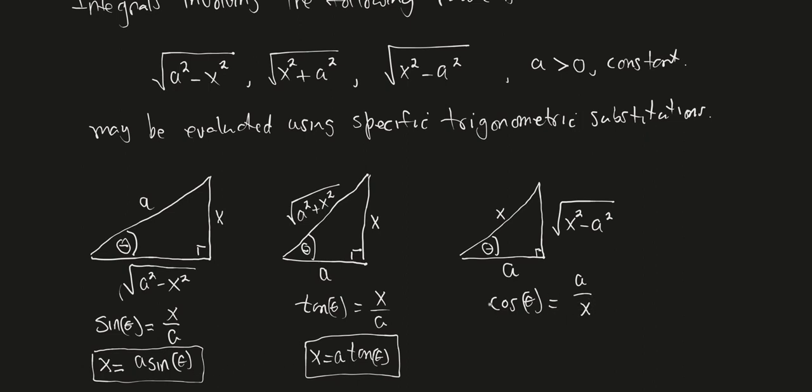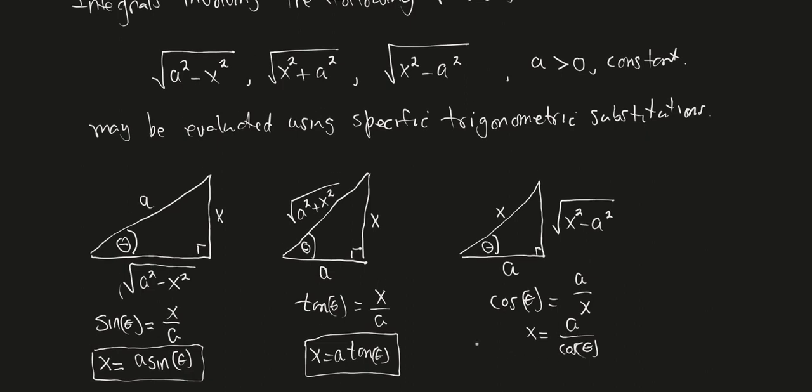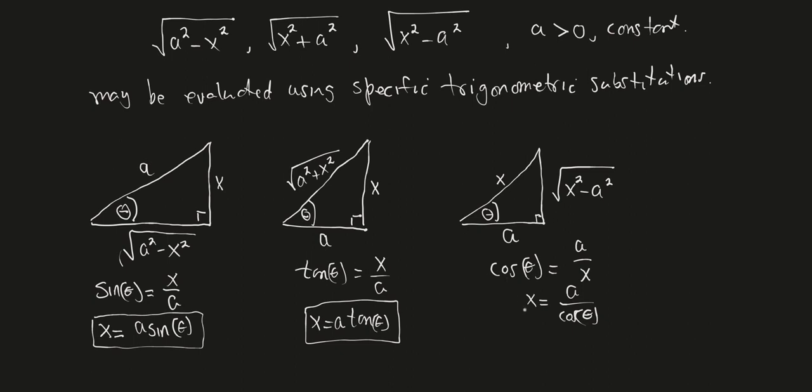So multiply both sides by x, divide both sides by cosine theta. So I have x is a over cosine theta. And that's okay, but 1 over cosine we know is secant. So let me write one more equation here: x is equal to a secant theta.